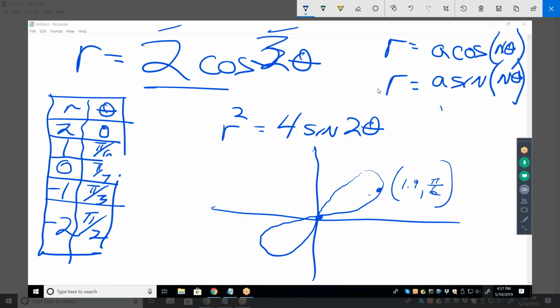Now, the question is, why do we only have two petals when n is 2, which is even? When n is even, you're supposed to have 2n petals. So it seems to me we should have two more like that.